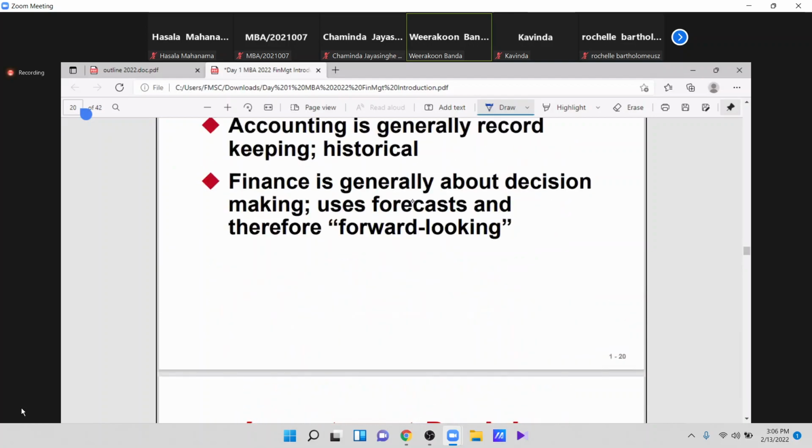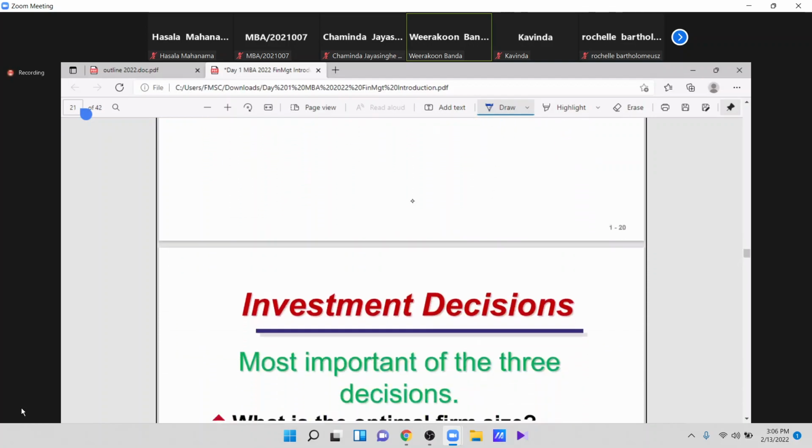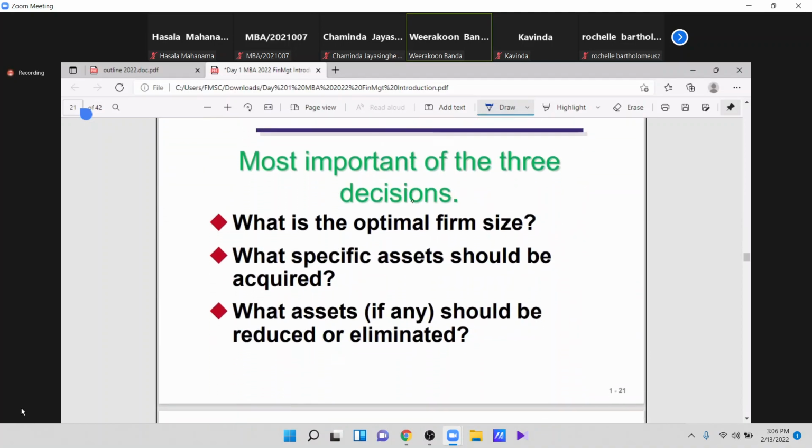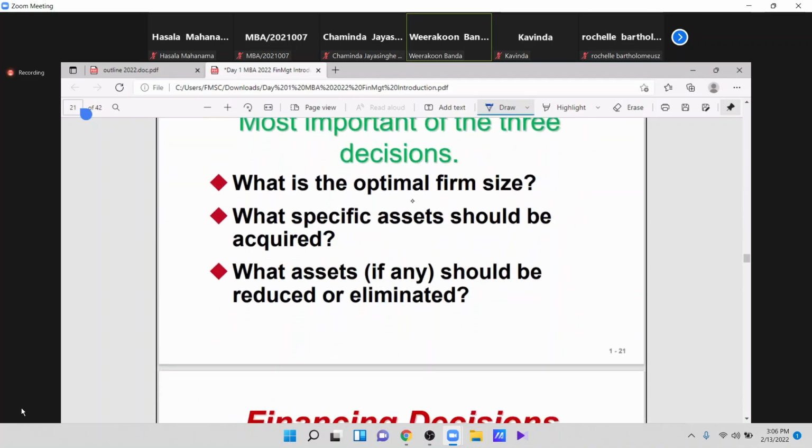We identify the total value of investment here, the optimal size. If you decide appropriately what is long term and what is short term, and appropriately allocate the resources among these different assets, then we call that the optimal size of the business.